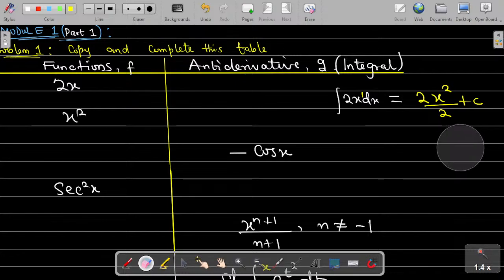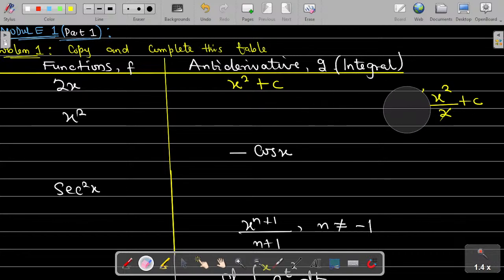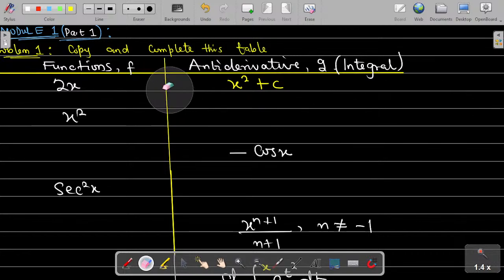If we now simplify that, this will cancel this, and so our answer here is going to be x squared plus c, and you are done. That's actually what they want in that position.